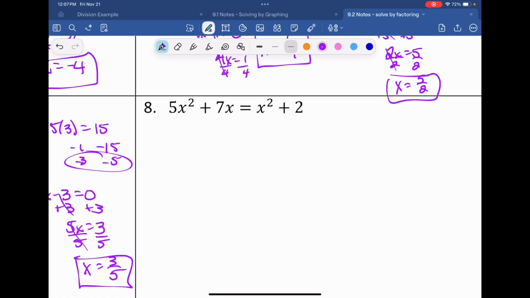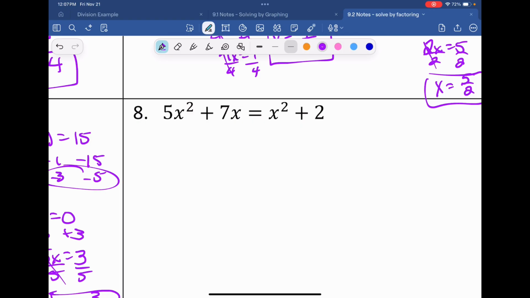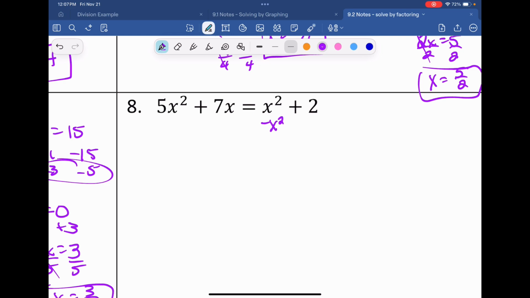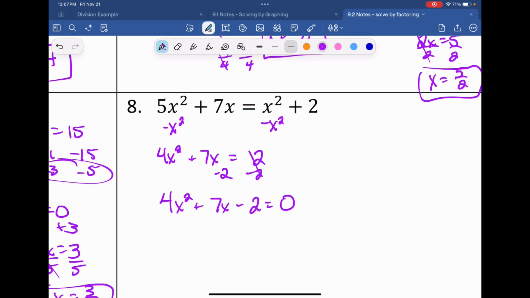All right, last one. You see no y's in here, but the equation also doesn't equal 0. We can see that. So I'm going to subtract the x squared. 4x squared plus 7x. I also need to subtract the 2. All right, no GCF because of the 7.